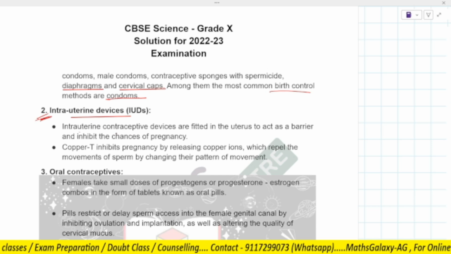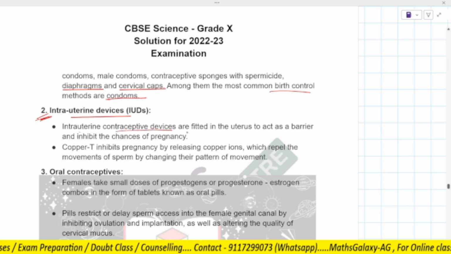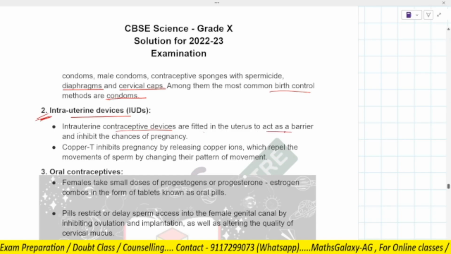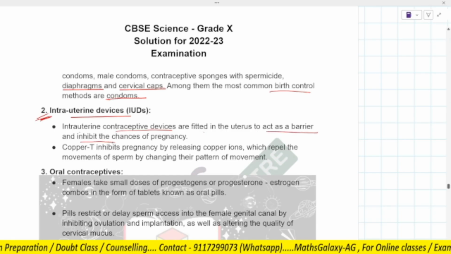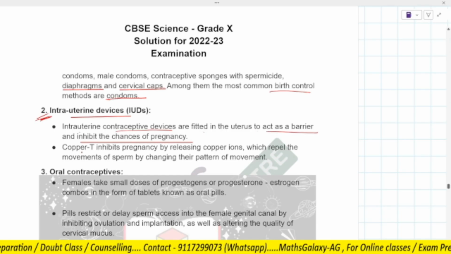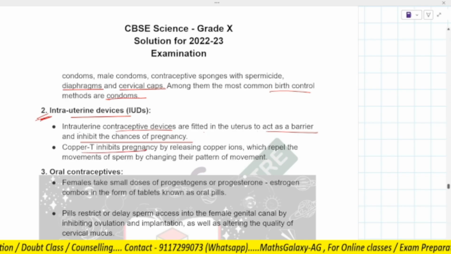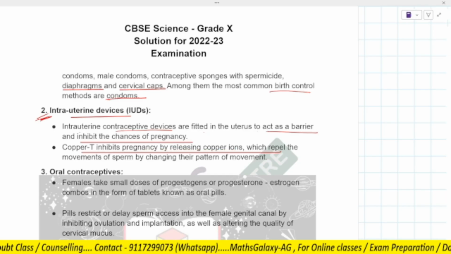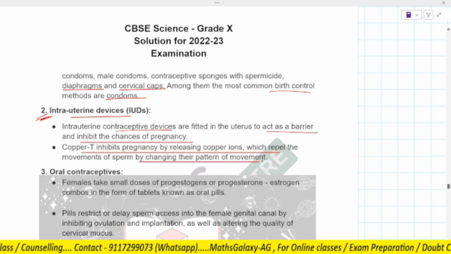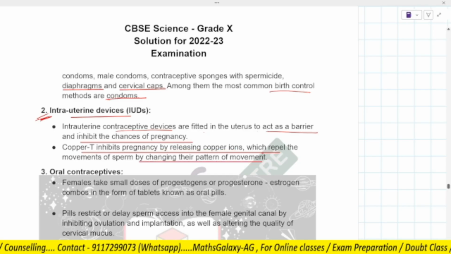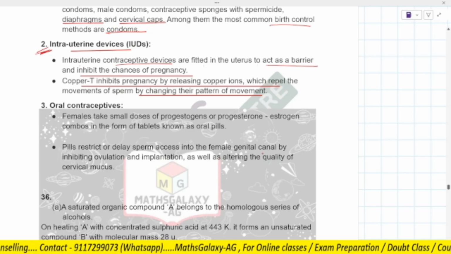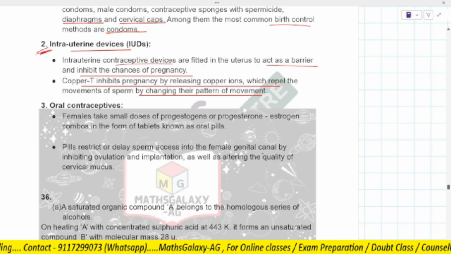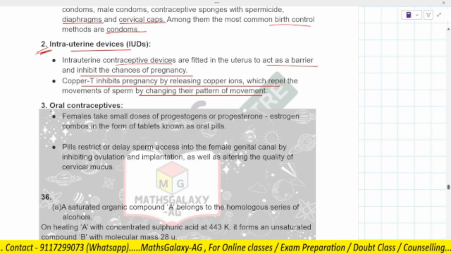Intrauterine contraceptive devices are fitted in the uterus to act as a barrier and inhibit the chance of pregnancy. The copper T inhibits pregnancy by releasing copper ions, which repel the sperm by changing their pattern of movement. Now the third one will be oral contraceptives, the medicines.